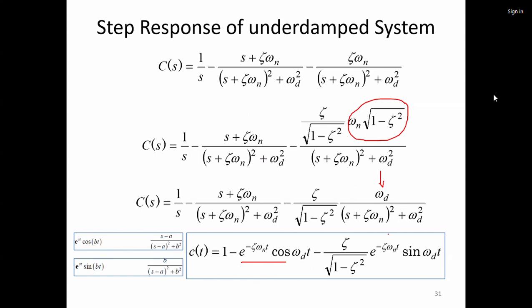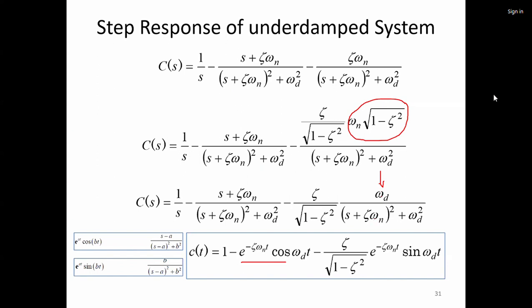If you take the Laplace inverse of this term, this is a constant, so it will come out. And the Laplace inverse of this term is similar to what you see here. You have b, some constant, divided by s minus some constant square plus b square, and the Laplace inverse of this is basically e to the power at sine of bt, similar to this term here. So you have b as omega d and a as minus j omega n.